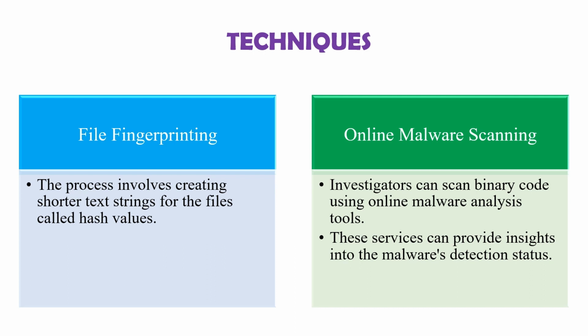Second technique is online malware scanning, which basically means scanning the binary code using some online tools. If the code is already a known malware, then it's helpful during the investigation to identify the code capabilities. So here, VirusTotal is used to analyze the file, which is an online malware scanning tool.